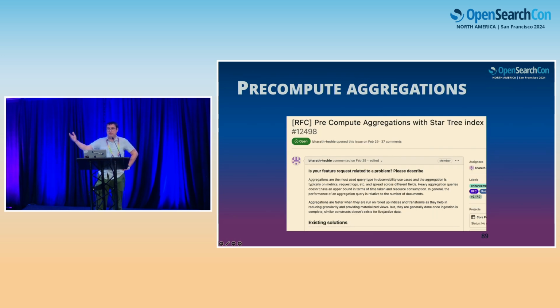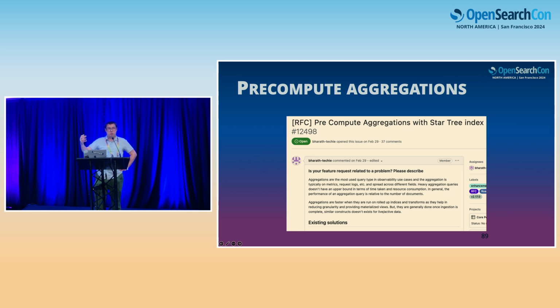I mentioned before with the various aggregations, it doesn't work with sub-aggregations because you need to know the count of these intersections. Well, Bharadwaj here came up with this really neat idea, borrowed from the OLAP world, to use what are called star trees.